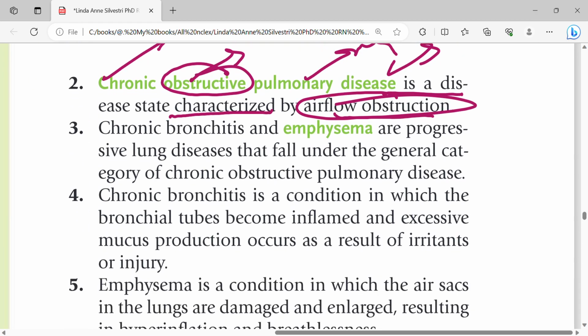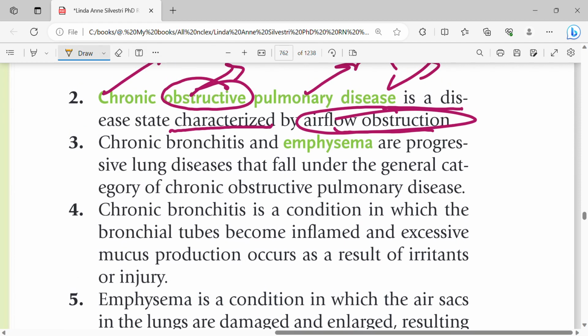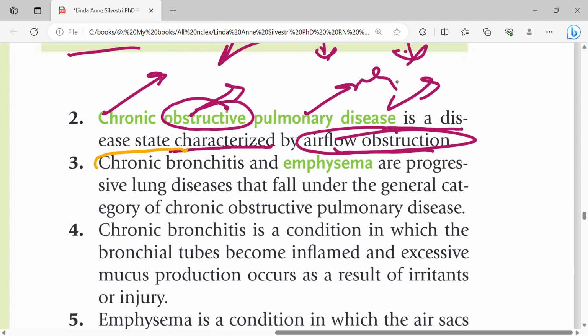Okay, so there will be two main conditions in COPD. What are the two main conditions? First one is chronic bronchitis. Another one is emphysema.